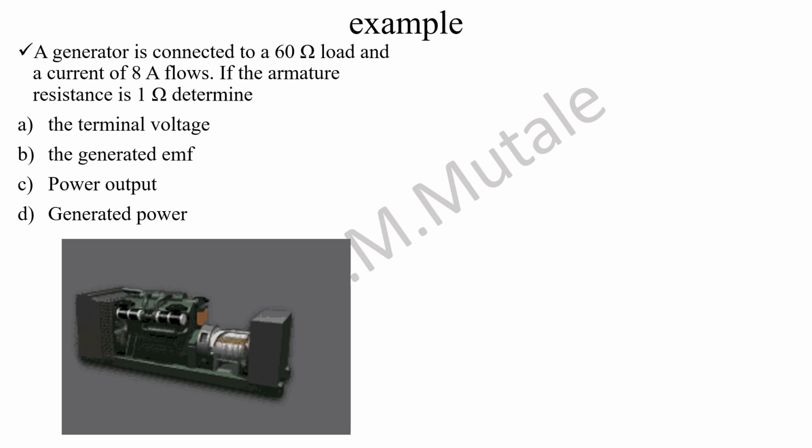For our solution, we carry out data analysis of whatever we've been given. The resistor connected to the load is 60 ohm. The armature current is 8 amps, which for a separately excited generator is the same as the load current. The armature resistance is 1 ohm.